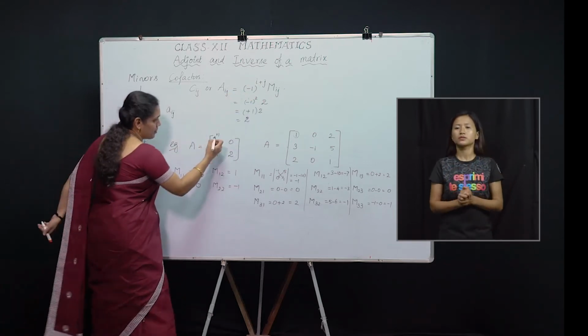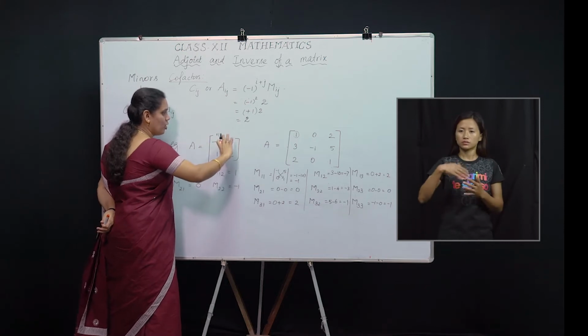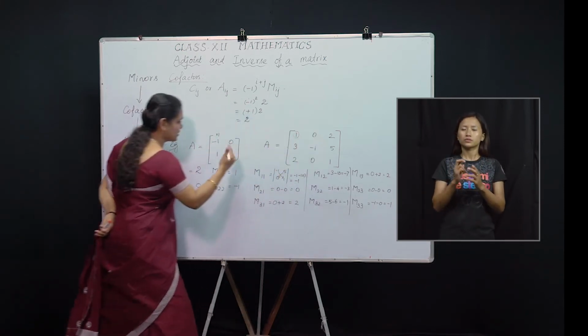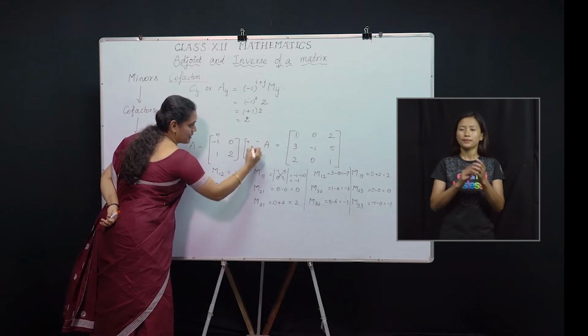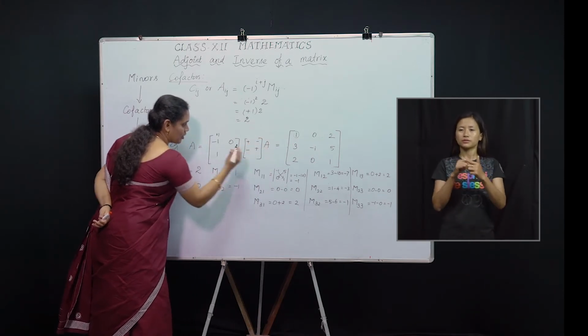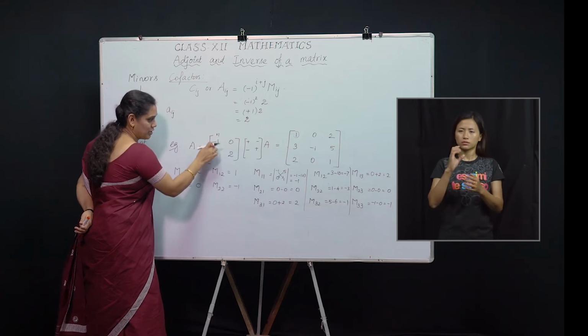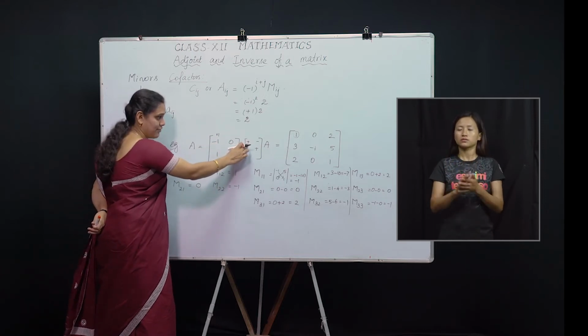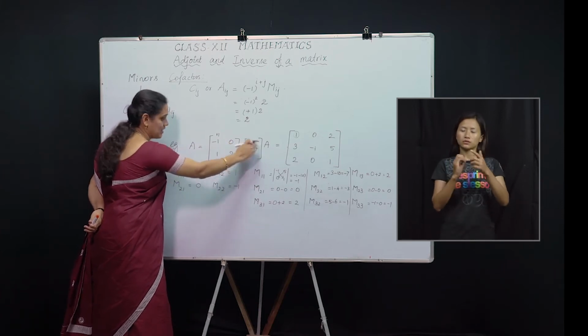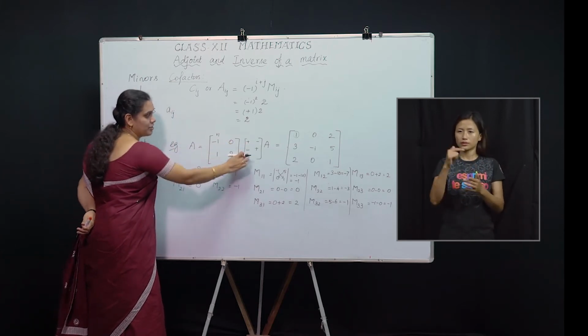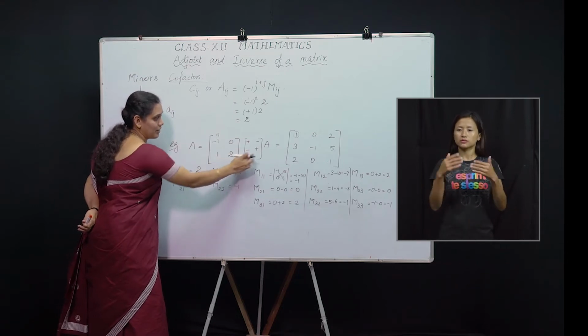So you can easily remember, since you are going to study only 2 by 2 and 3 by 3 matrices, the signs this way: plus, minus, minus, plus. When you take the cofactor of the first position element, you introduce plus in front of it, and for the next element you introduce minus, and for the next, minus, and here plus.